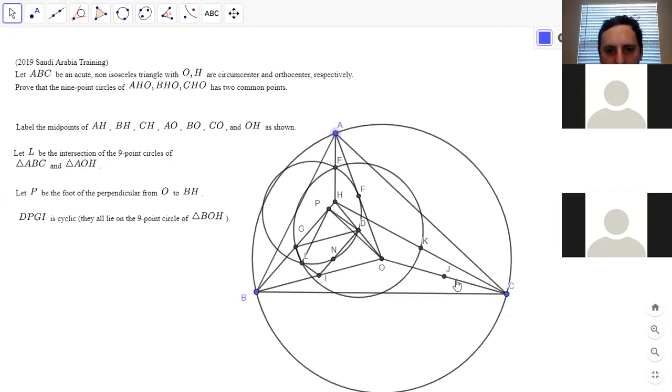Because FD is half of AH, DL, yeah, DL is half of AO. Or wait.